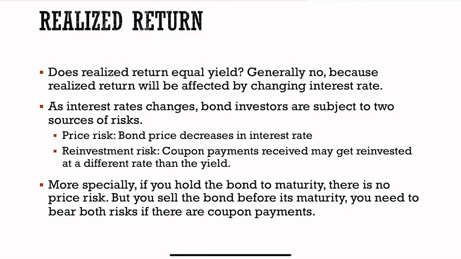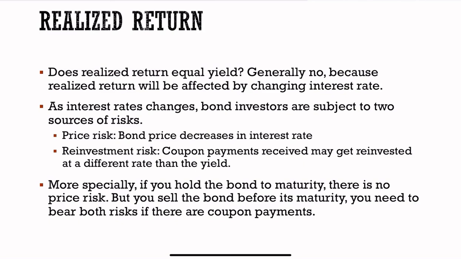That is, as a bond investor, if I want to sell my bond at the end of the first year, my concern is maybe the interest rate will be higher at the end of the year. In that case, my bond price will be lower. So my return will be decreased because of this price risk.